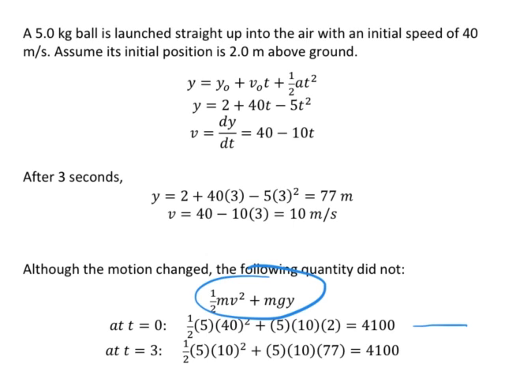And if instead I put in the values where the object was at 3 seconds, I get the same amount, this 4,100. So this value, 1/2 mv squared plus mgy, seems like it's important. And of course it is. It is the amount of mechanical energy that this ball possesses.